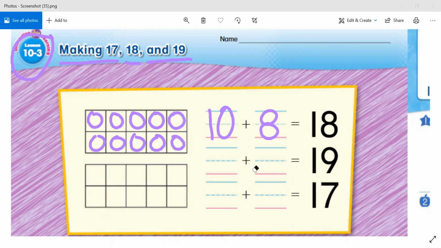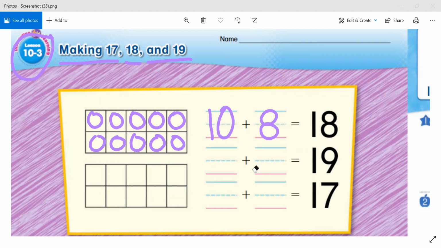Let's work on another problem. All right. I have 10 counters, and now I want to show 17. How many more counters would I need to add so that I can have 17 total? So I have 10.